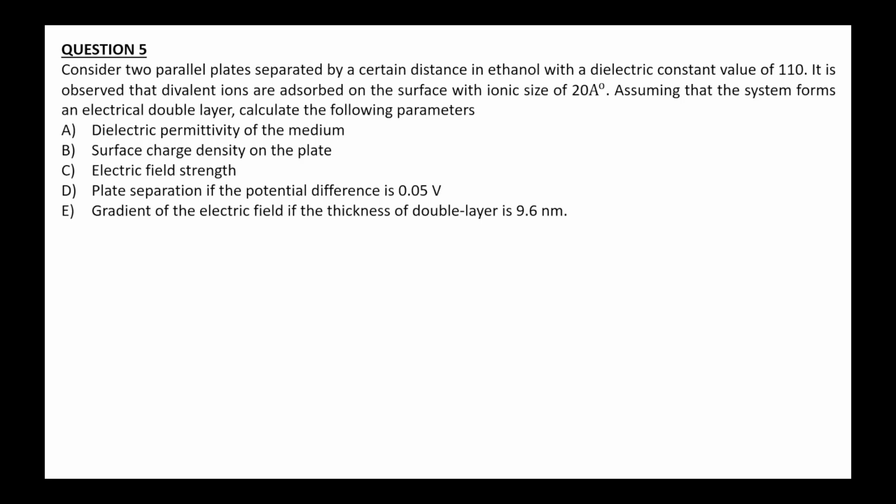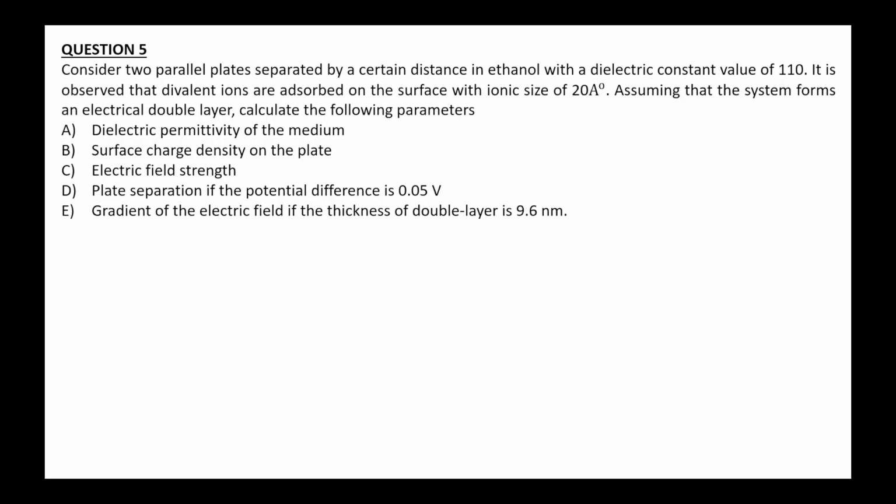It follows like this. It is observed that divalent ions, that is, they have a charge of 2, are absorbed on the surface, and these divalent ions have an ionic size of 20 angstrom.